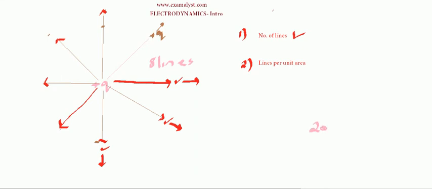So what is the force that will be created by plus q charge? Obviously the force will be more. To diagrammatically represent, please try to understand, we are trying to represent the force diagrammatically without numbers. To represent that 2q is going to produce more force than plus q, I double the lines.